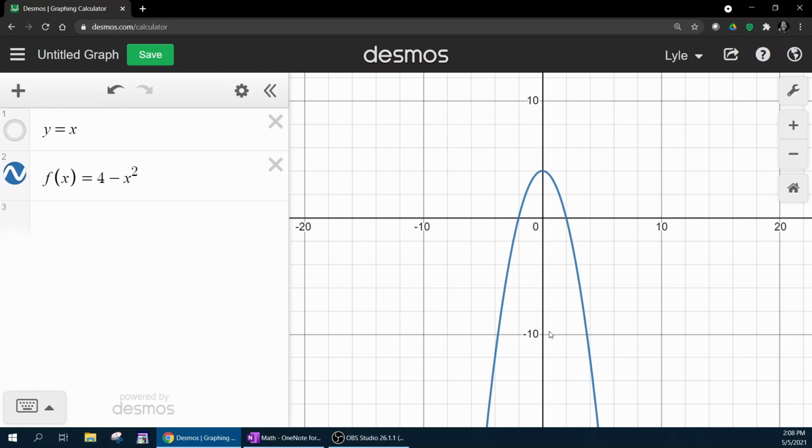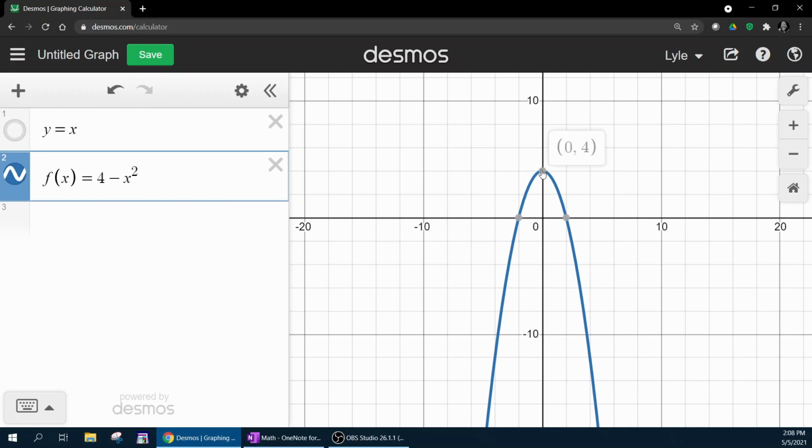The range are the values that y can be, and the range is from bottom to top. If I click on this, we can see that the range of this parabola goes from minus infinity up to 4. So let me show you how we can take this graph and eliminate half of it so that we will create a one-to-one function without losing any range values.